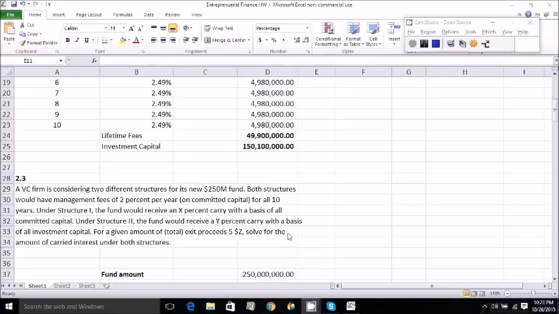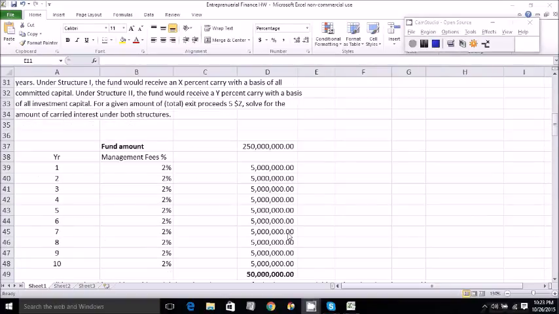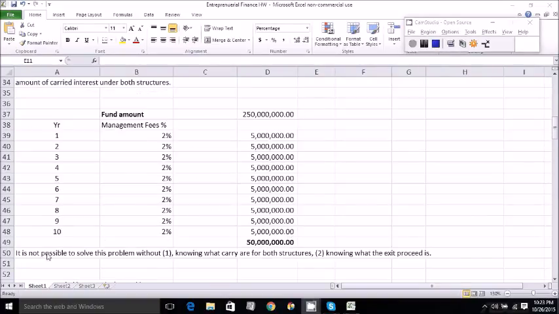Moving on to question 2.3, I'm skipping 2.2. I'm asked to solve for the amount of carried interest on the both structures.